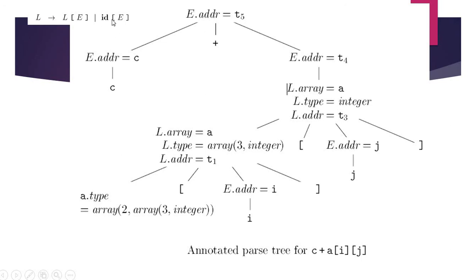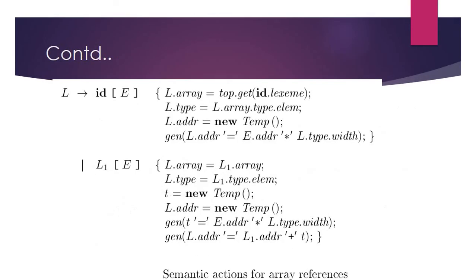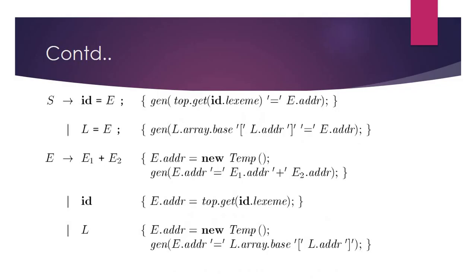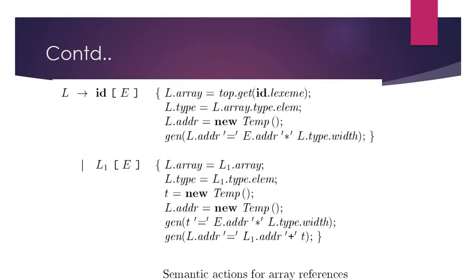With respect to the second production rule here, if you see this semantic action, what are all the semantic actions we are using here? For ID[E], we use L.array, L.type, L.address, then the gen function for generating the 3 address code. And if it is L1[E], we use L.array, L.type, then L.address, and 2 generate functions have to be used.